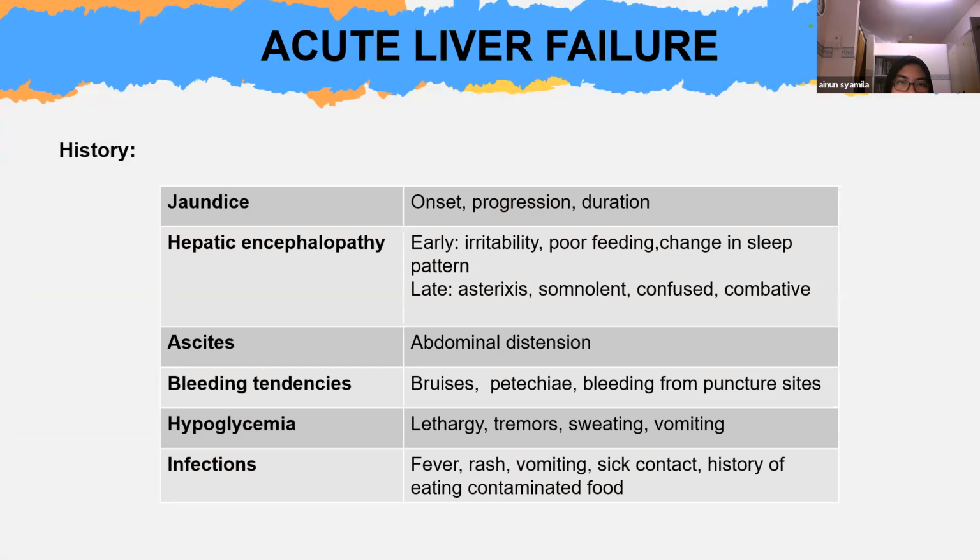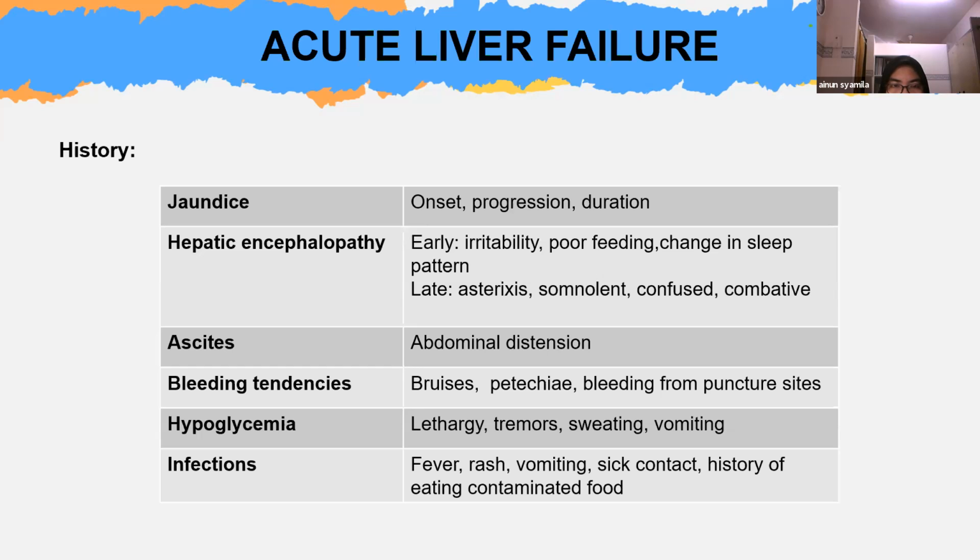Okay, moving on to the history. What we need to ask is according to the presentation of the child. For example, if the patient presents with jaundice, we need to ask more about the onset, the progression, and the duration of the jaundice.